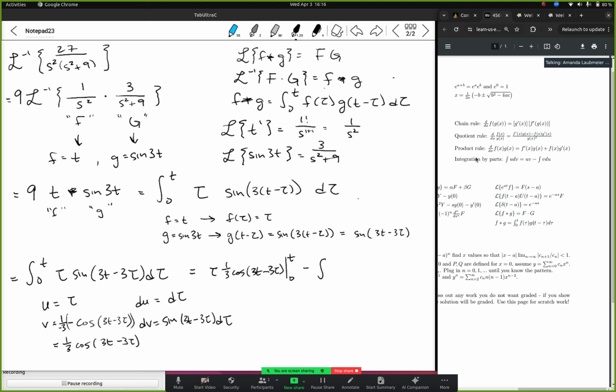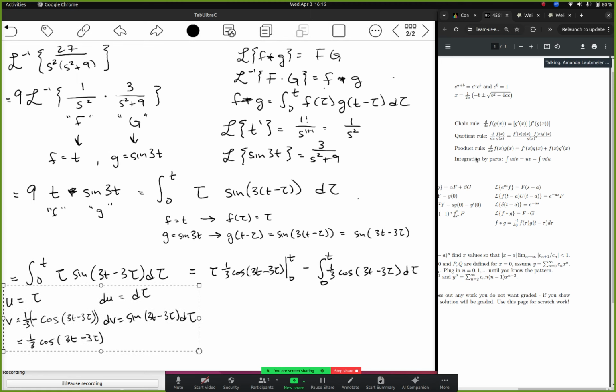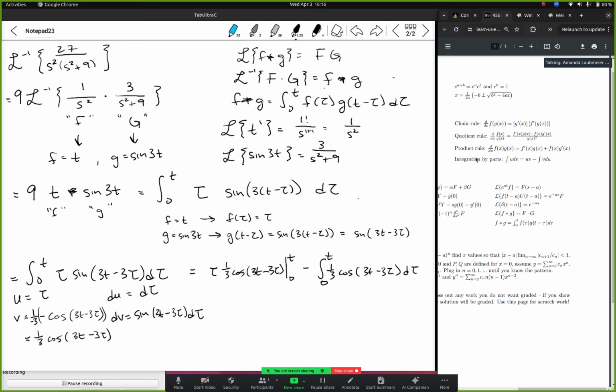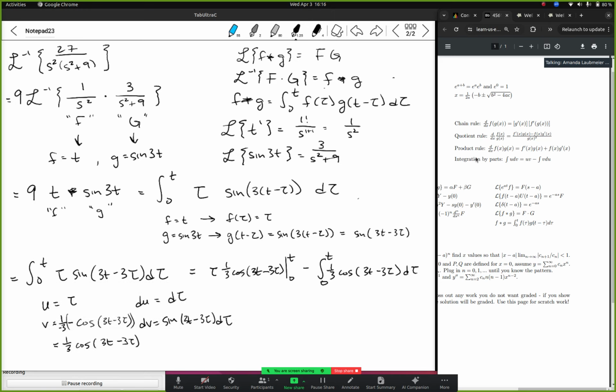My v is that 1/3 cosine of 3t minus 3 tau, and my du is just this d tau right here. And again, that still uses the same bounds from 0 to t. I'm going to copy this over to the next page.